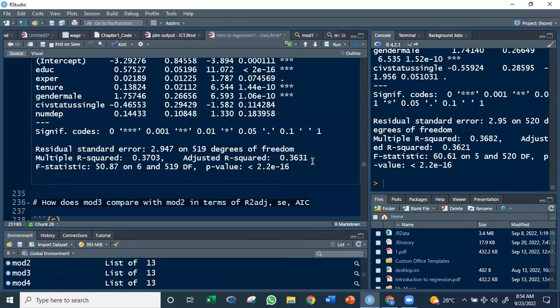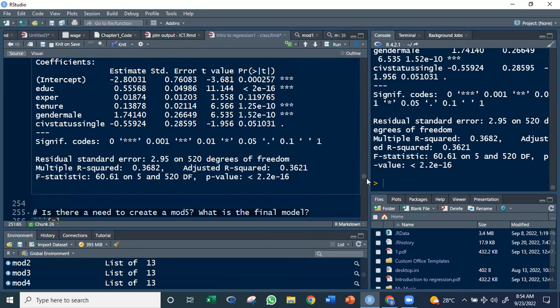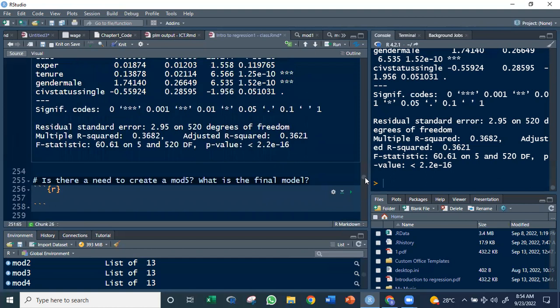Bumaba yung adjusted R squared, 36.21. Okay? All right, but we don't really base it just on the adjusted R squared, no? Sa statistical testing tayo. But nung binawasan natin ng isa, tinanggal natin si number of dependents, natural, bababa yung multiple R squared. But usually, the adjusted R squared can go up, but in this case, it went down.